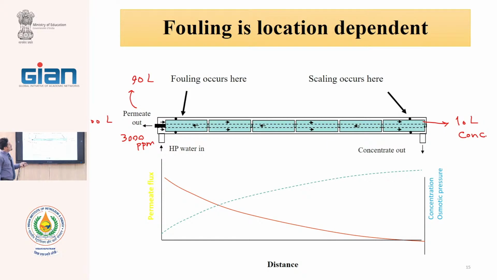The concentration of the salt in the feed is 3,000 ppm. And we assume that we have 100% complete rejection. Usually 99, we assume complete. That means all of the salts will go to the 10 liters. Therefore, in this case, we will have 30,000 ppm salt, okay?